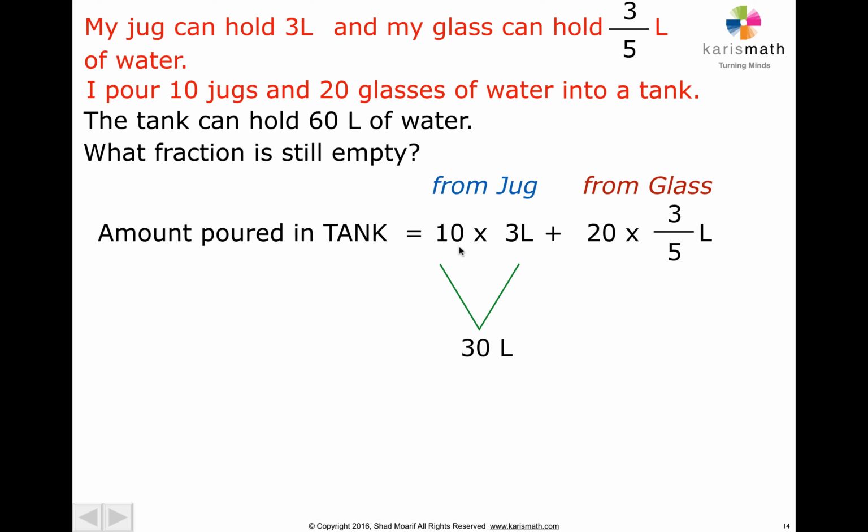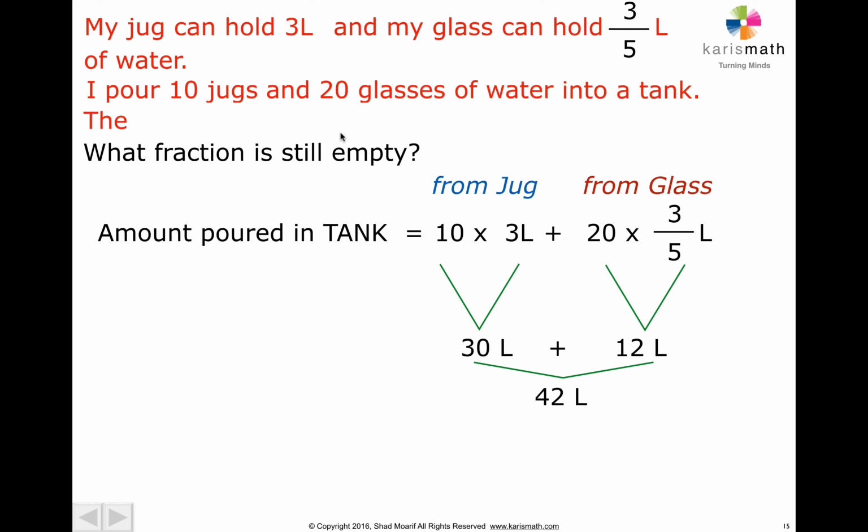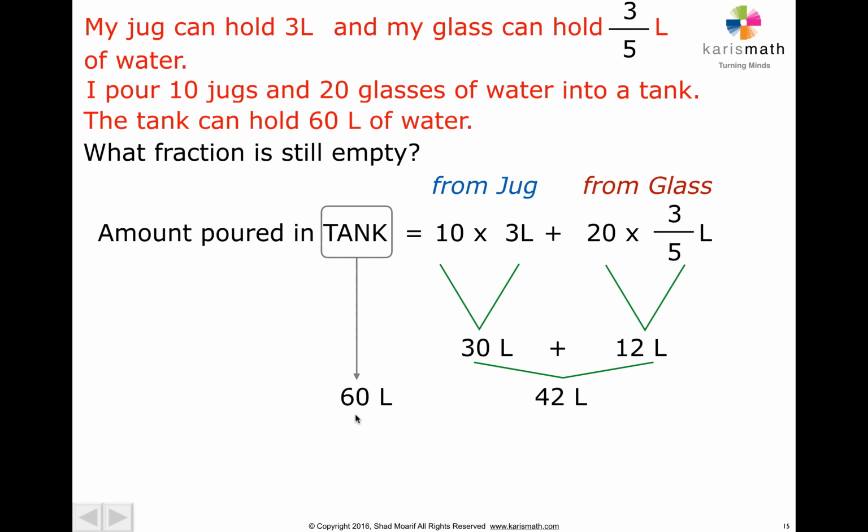So that comes to 30 liters, and this, we work it out, comes to 12 liters. If we add them up, we poured 42 liters in the tank. So we already figured that out. Now the tank can hold 60 liters of water. That means this is 60. And how much is empty?